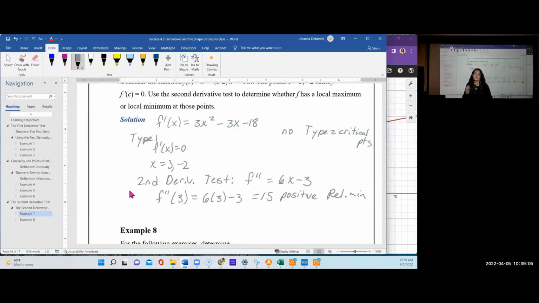So it's a much faster way of determining if it's a relative extrema. What's the downside then? It doesn't always work, right? If you get 0, it failed and you've got to go back to the first derivative test. So then you can test the other one.